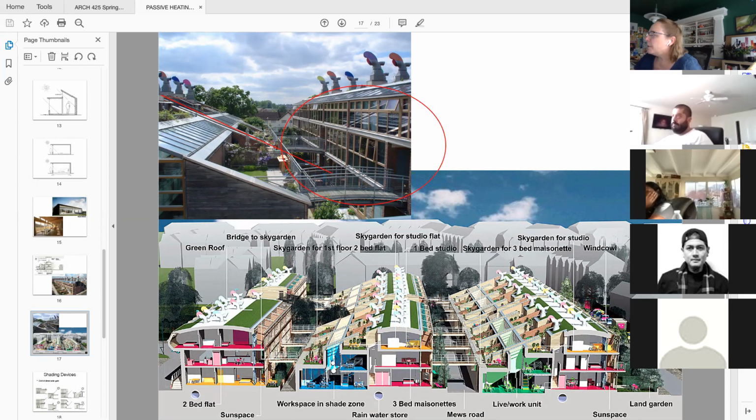I noticed a couple other little cool tricks that they have going on here. These are solar panels up here. And then these are some translucent solar panels with solar cells within the glazing, but they're transparent to let in more light also.